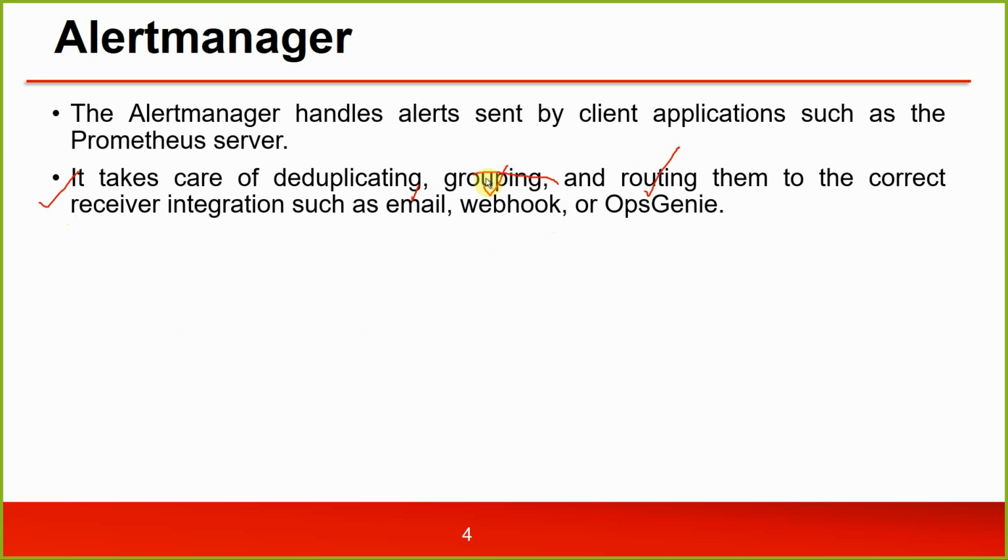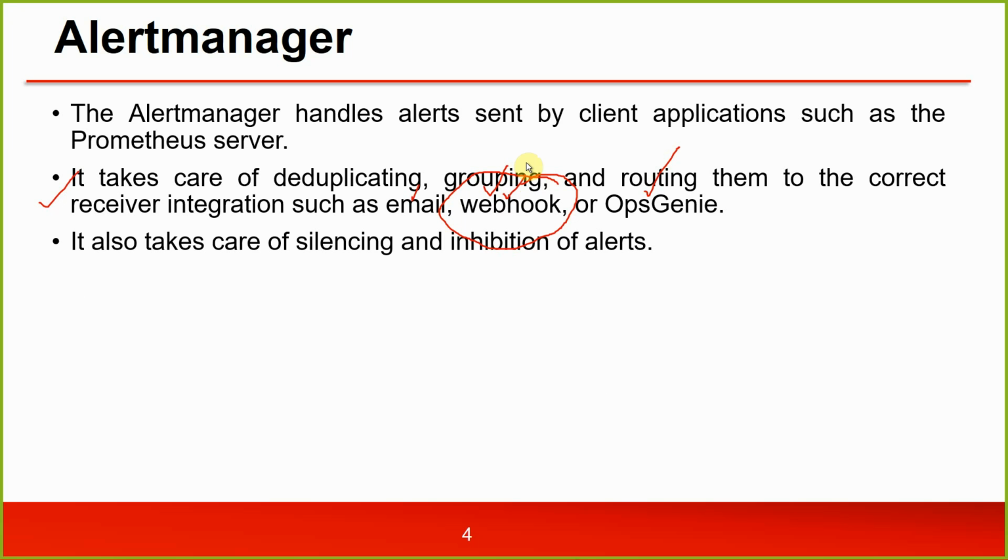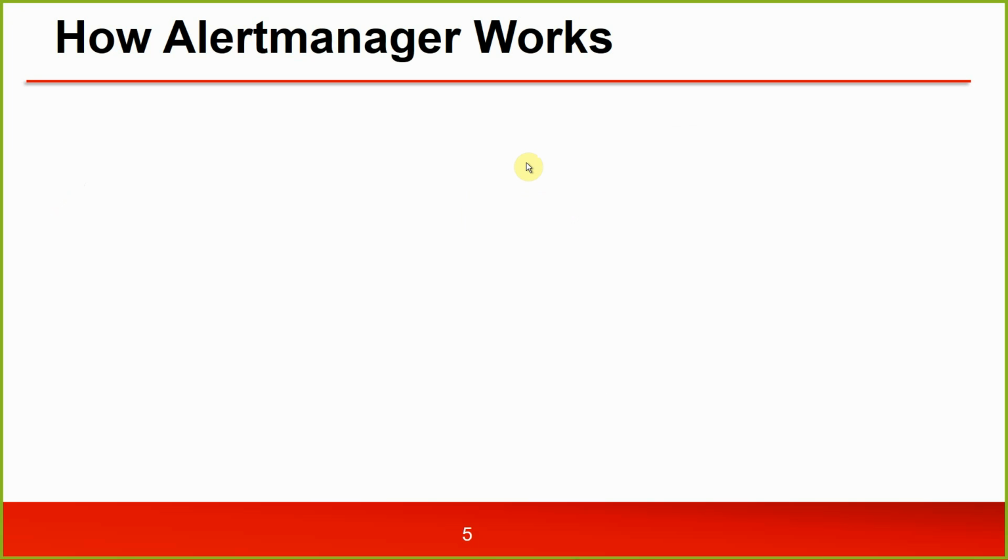We will discuss one use case, one example of webhooks, not right now, but in labs 11 and 12. So wait for that, because we'll come back to the webhook, and we'll be sending alerts and verifying this. It also takes care of silencing and inhibition of alerts.